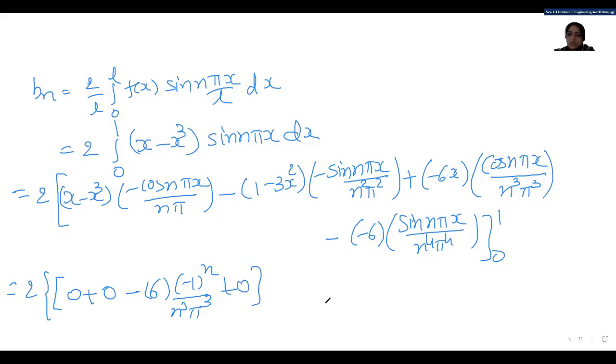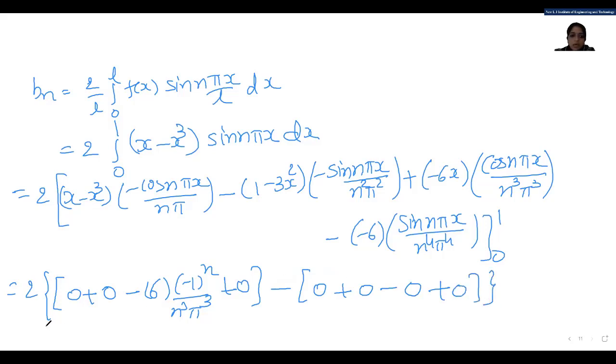So this is the value for the upper limit, minus for the lower limit. Here 0 minus 0, okay, that is 0. So 0 into anything is 0. Sin 0 is always 0. Here cos 0 is 1, but if I replace x by 0, then 0 into anything is 0. And in the last term, sin 0 is again 0.